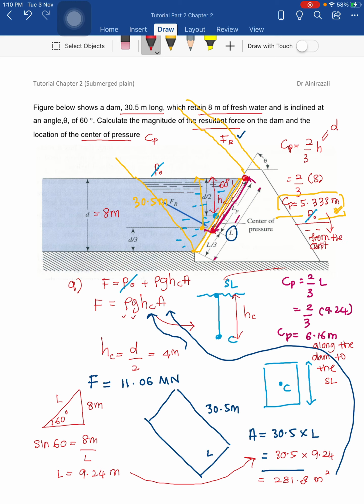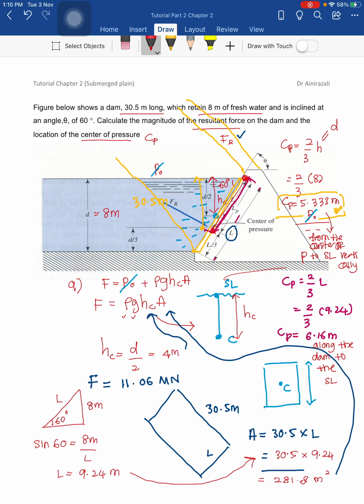You have to write this detailed elaboration for your CP.